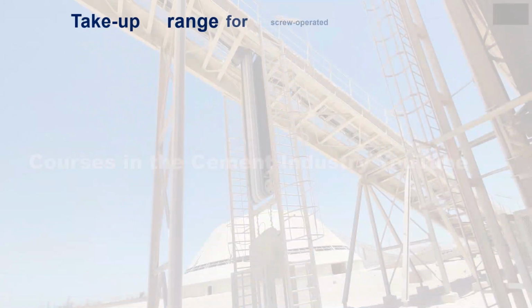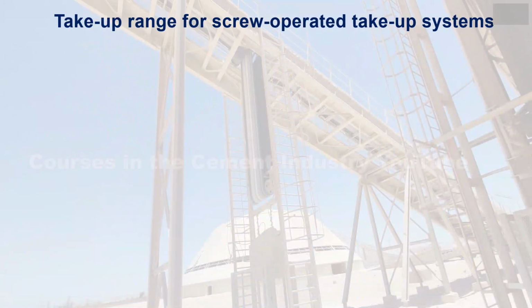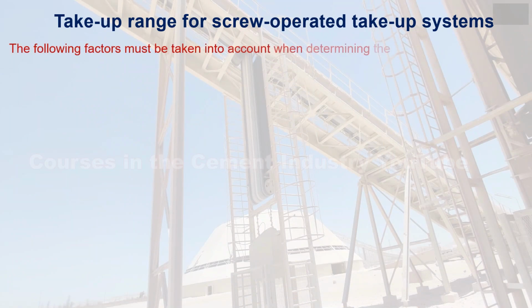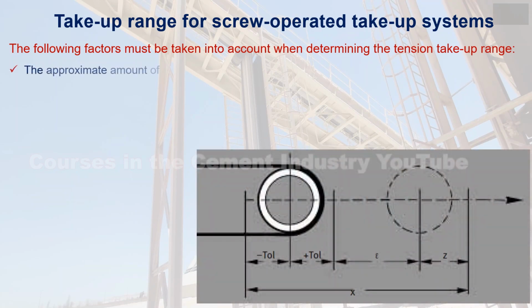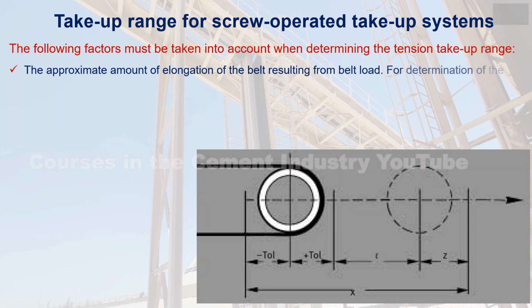Take-up range for screw-operated take-up systems. The following factors must be taken into account when determining the tension take-up range. The approximate amount of elongation of the belt resulting from belt load, for determination of the production length tolerances of the belt.